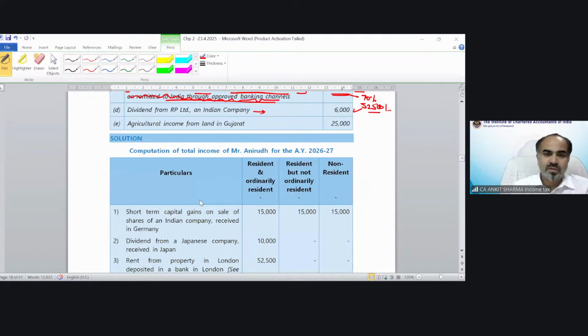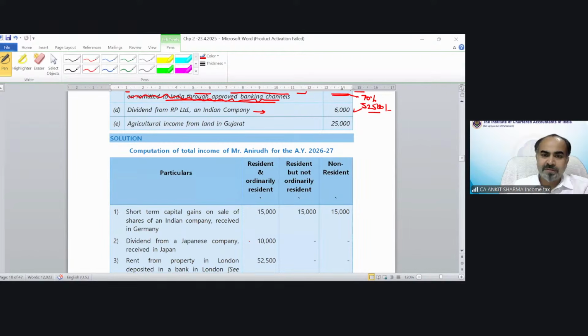The first income has been taxed in all the three categories. Dividend from Japanese company, rent, 70% is taxable.